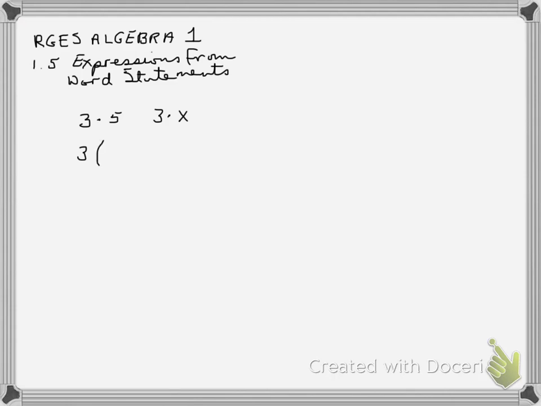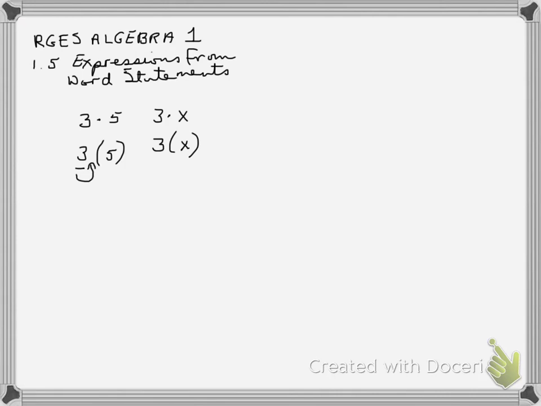But I could say 3 with a parenthesis, and when the constant is lined up right next to the parenthesis, with no symbol or anything else between it, that means multiply. Or I could say 3 times x that way for the same reason.